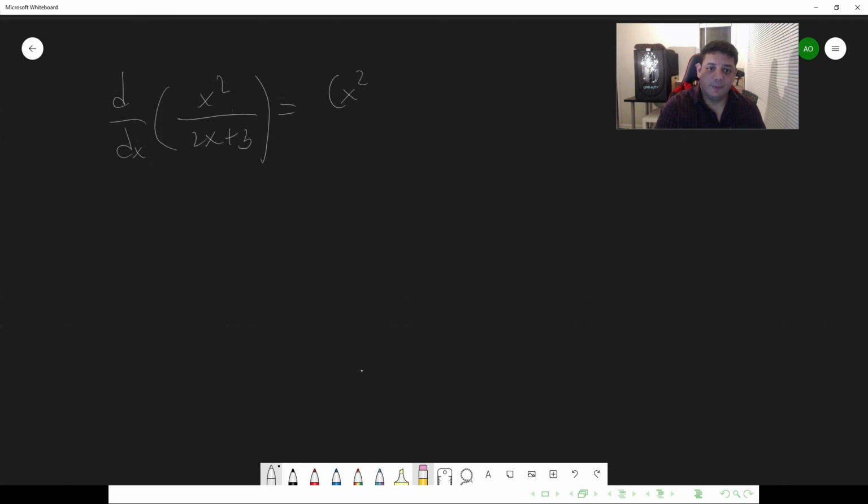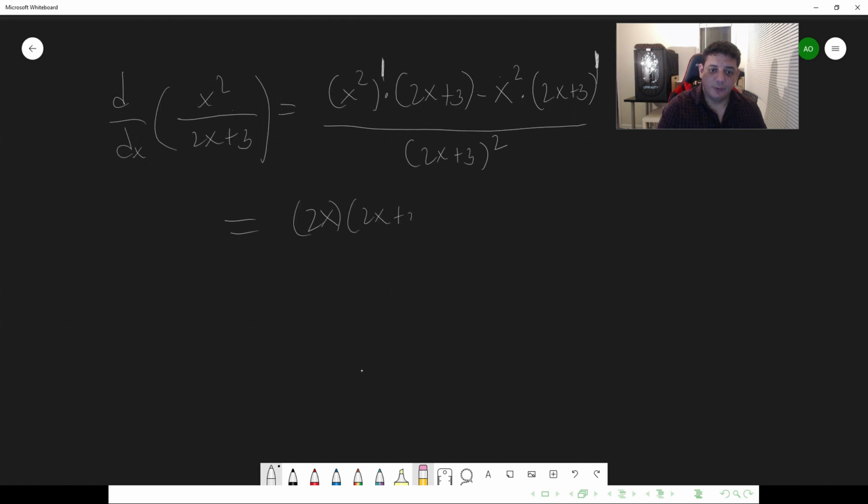So remember, derivative of the first function times the second one minus the first function times the derivative of the second, the minus in the middle, and then we get 2x plus 3 squared. Remember that this prime represents derivatives. And so now the derivative of x squared is 2x times 2x plus 3 minus x squared times the derivative of this, which is 2, over 2x plus 3 squared.